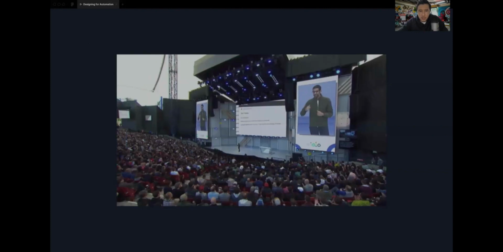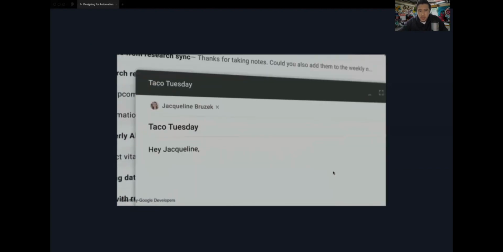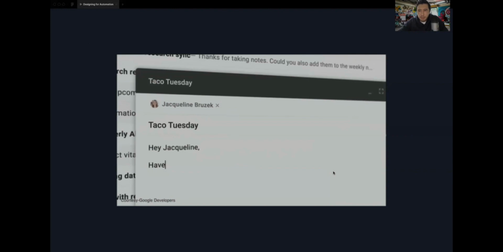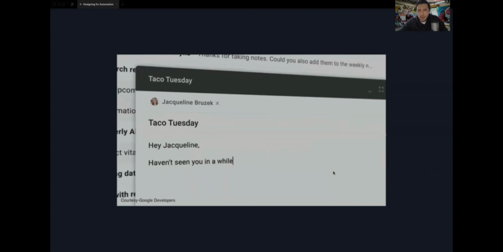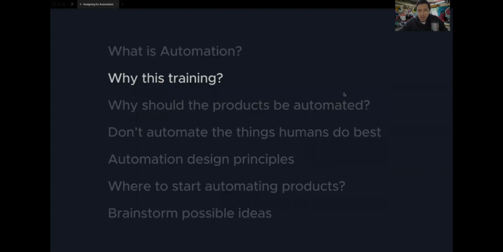So these were some examples of automated products in our daily life. If you have any other examples, you can share them, and we can talk about them.